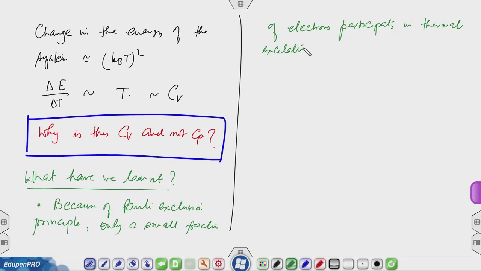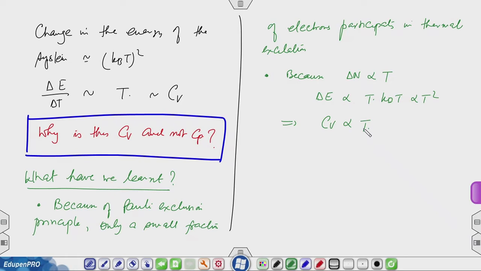Rest cannot take energy and go to those levels which are already occupied. And number 2, because this number delta n is proportional to T, delta E is proportional to T times kBT, proportional to T square, this gives Cv proportional to T.